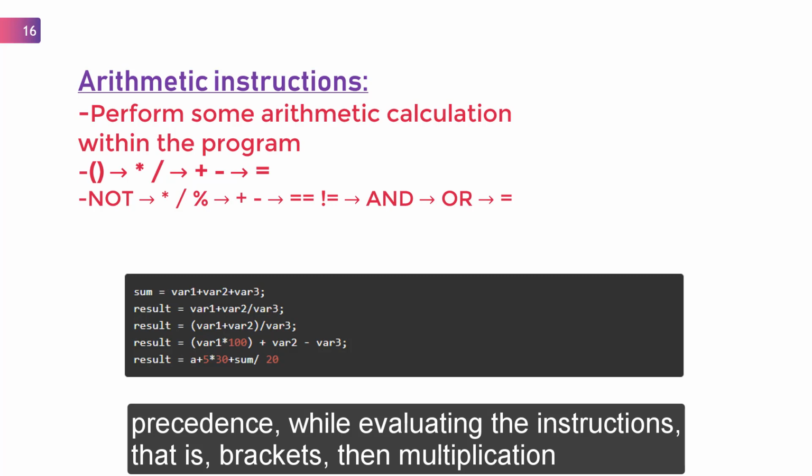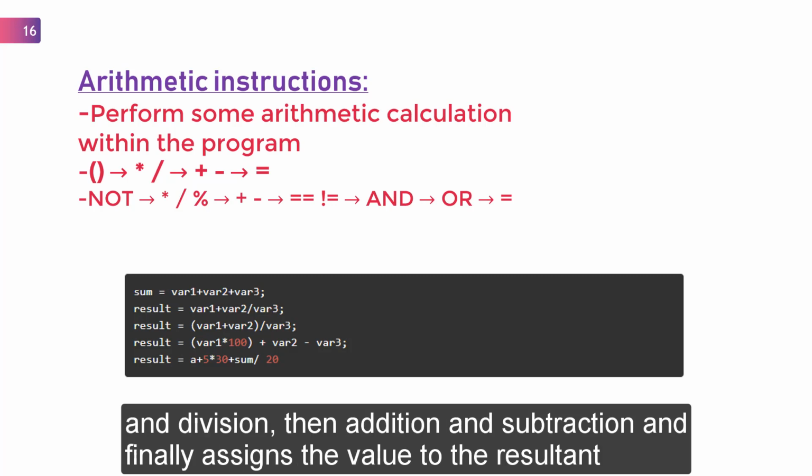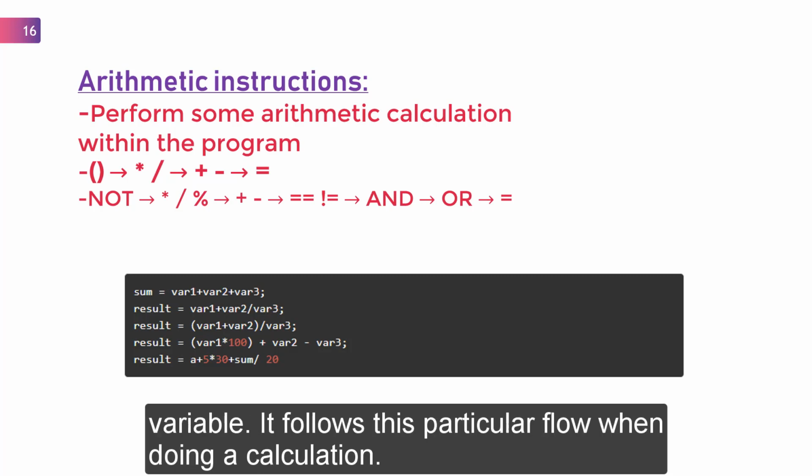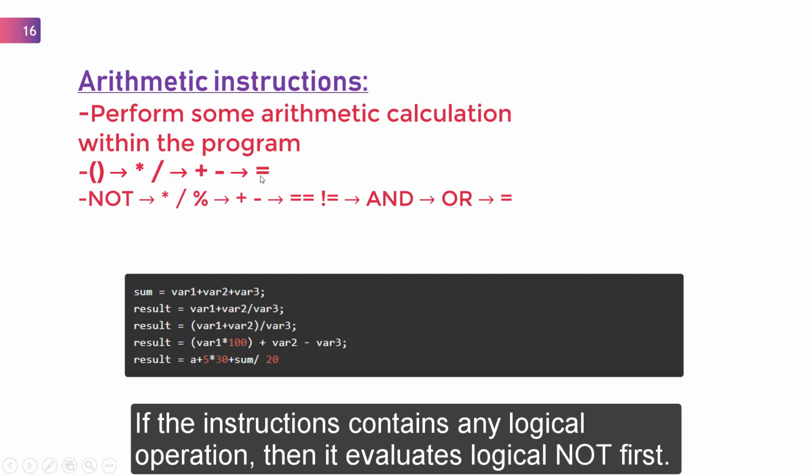It first evaluates any instruction within parentheses, that is brackets, then multiplication and division, then addition and subtraction, and finally assigns the value to the resultant variable. It follows this particular flow when doing a calculation.